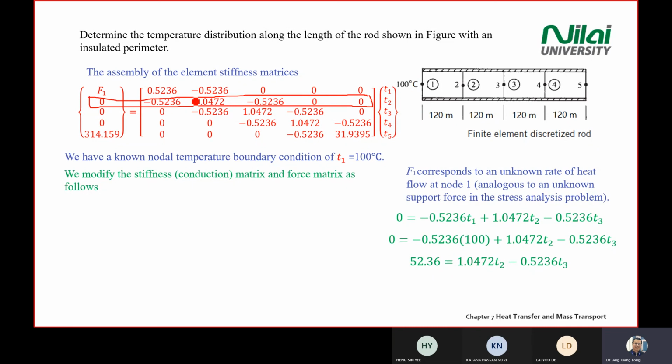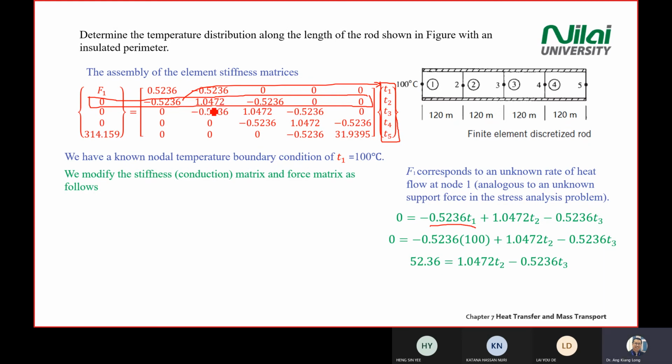So 0 equal to this one times this set. So this one minus 0. How do you get this equation? You take negative 0. So this is 0, 0. How do you get this one? It is negative 0.5236 times T1. You get this one.